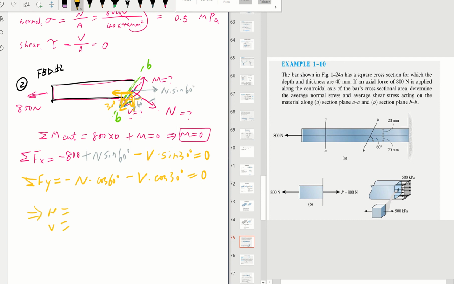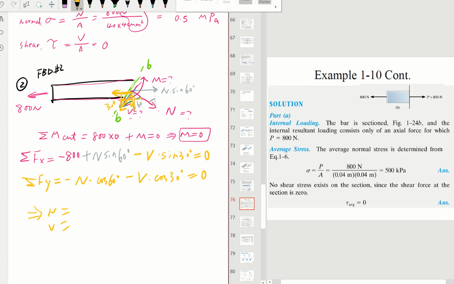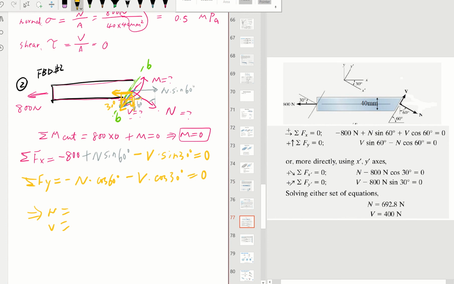Now let's just verify our answers here. Do we get the same equations? Yeah, we do, but you might notice they assume the shear force going upward, so that changed the angle.